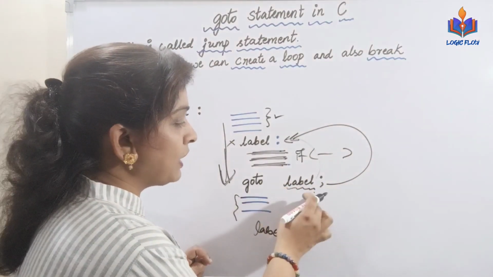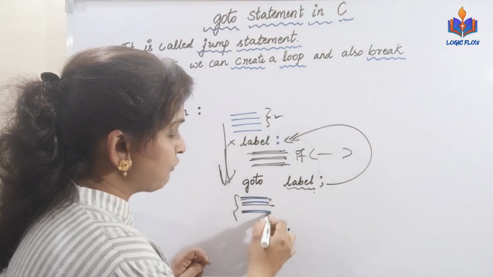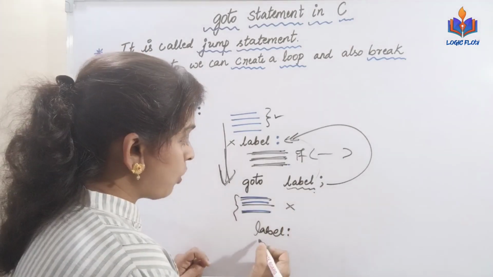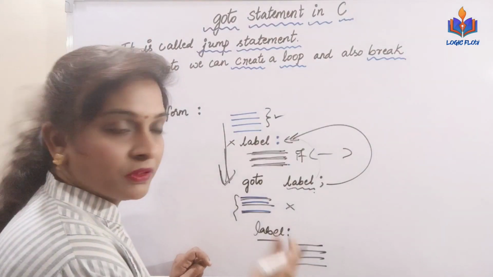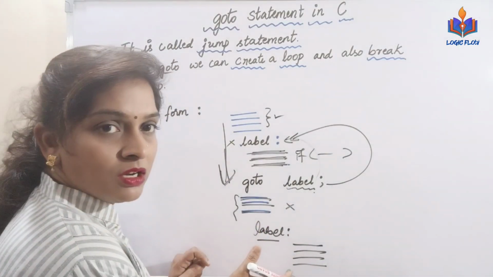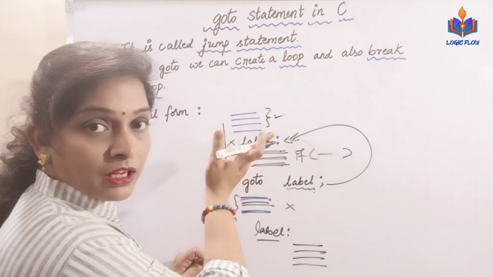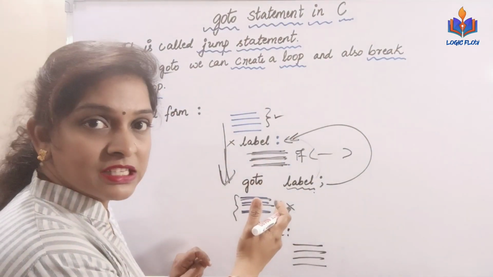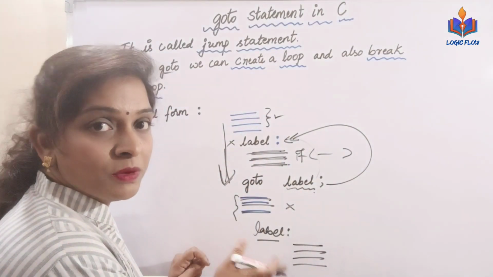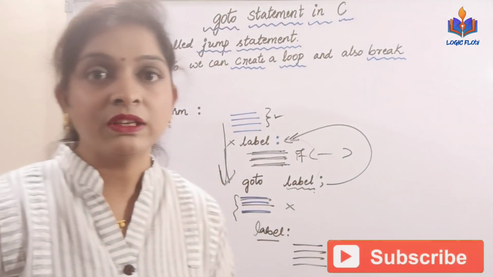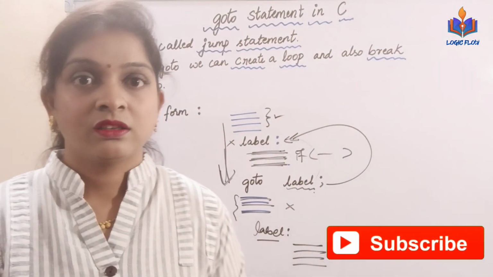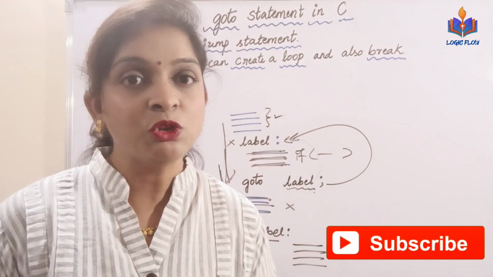When I say go to label, the statements that I have here will be skipped. It will go to this part and execute those statements. So it may be a forward loop or a backward loop. If it is backward loop, it means it is repeating something. If it is forward loop, it may skip some statements. So all these things will be clear to you when we get into some program.